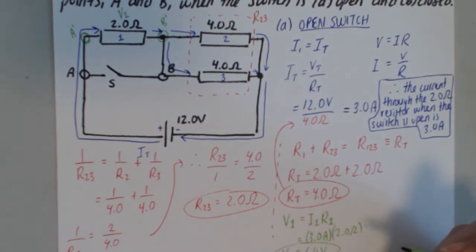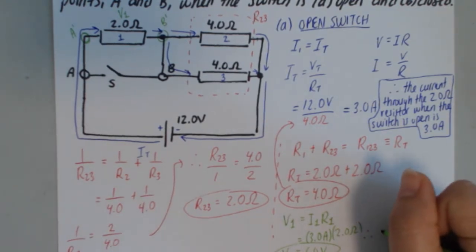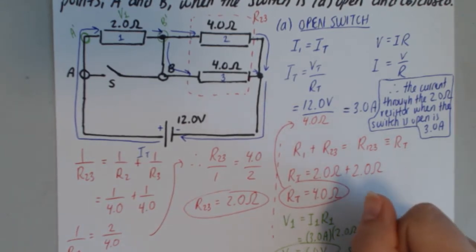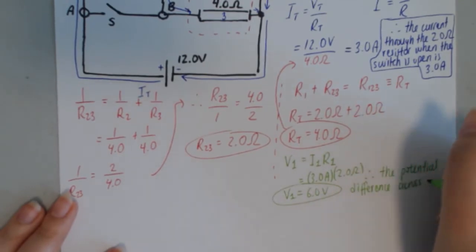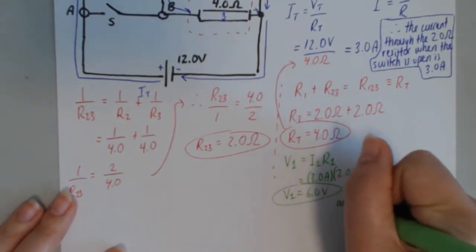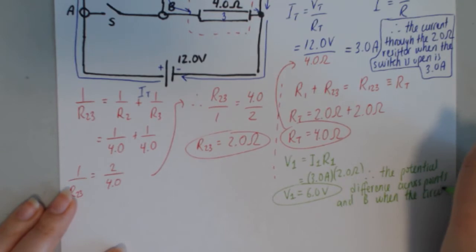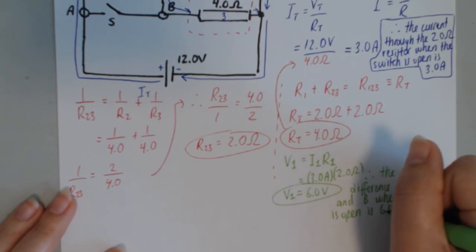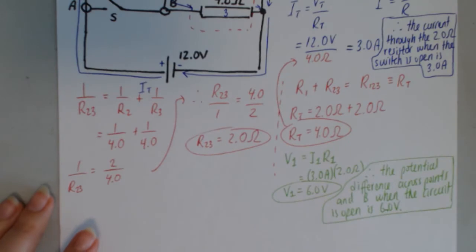All right, so I have 6 volts of potential difference between points A and B. So that's the other half of part A. So therefore, the potential difference across points A and B when the circuit is open is 6.0 volts. All right, so that is our solution for the open switch.